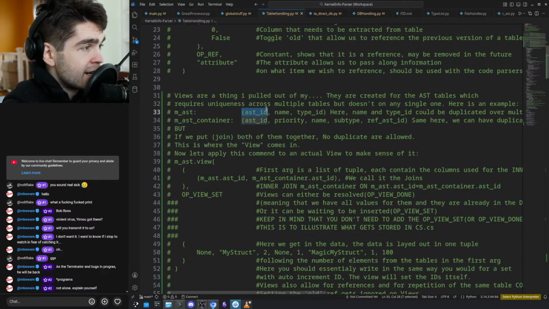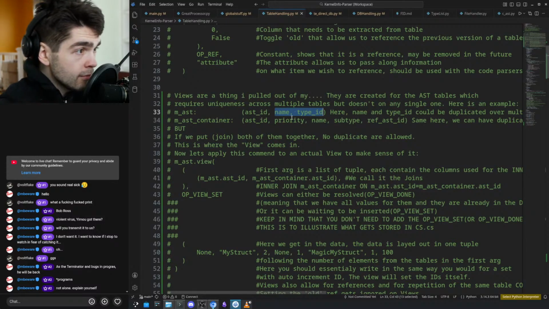It has an AST ID, it has a name, it has a type ID. Now, technically, it would be possible to have the same name and type ID on a different AST ID. That's a valid thing. So you could have something like my struct 2 times, but that points to different structs that are called my struct.